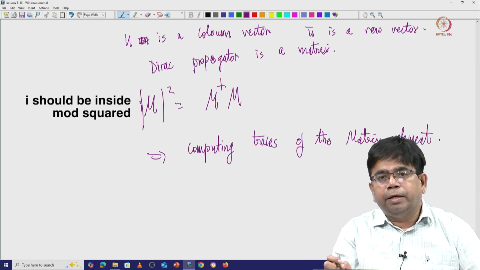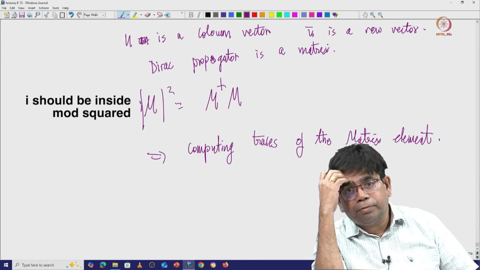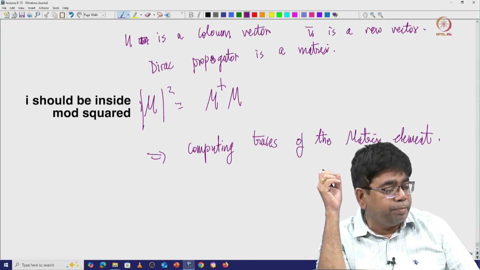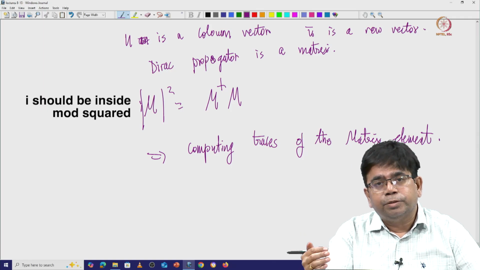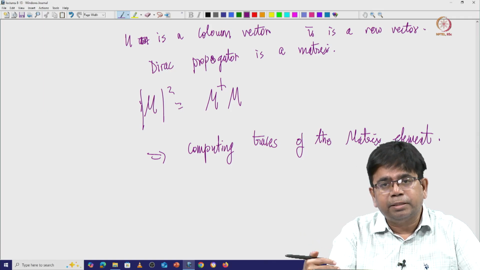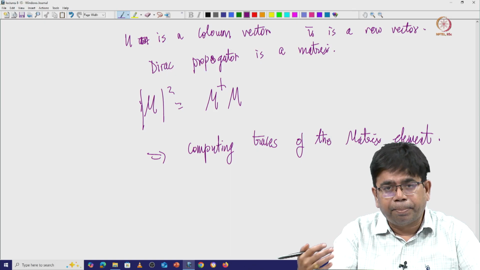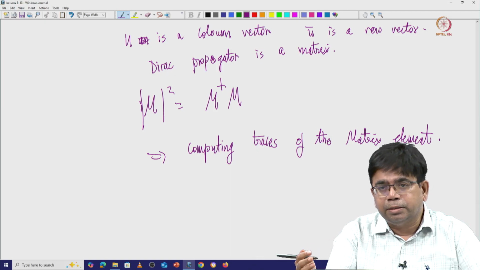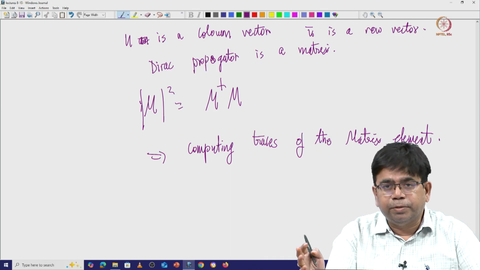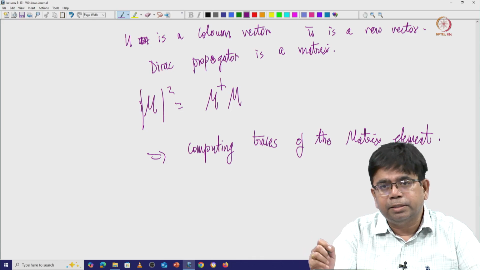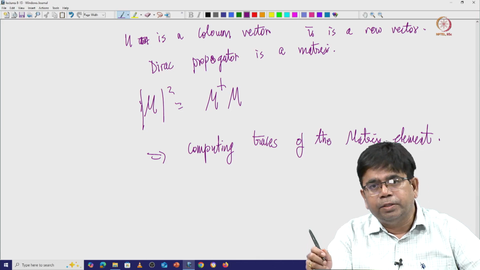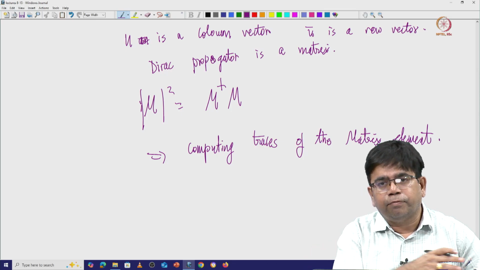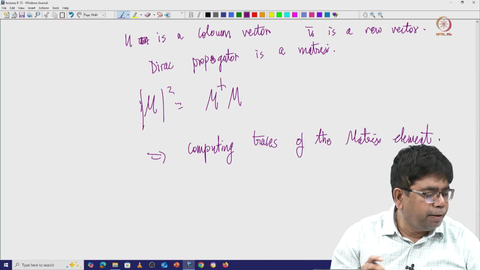So the amplitude squared is, most of the time, computing the traces of the matrix element. When computing the traces of this matrix element you have to use several properties. Let me list a few of the trace formulas.